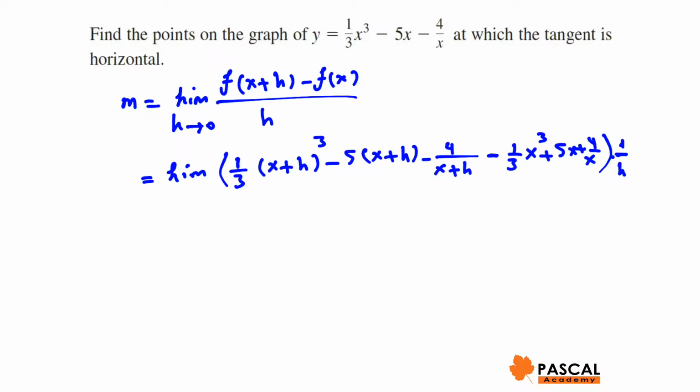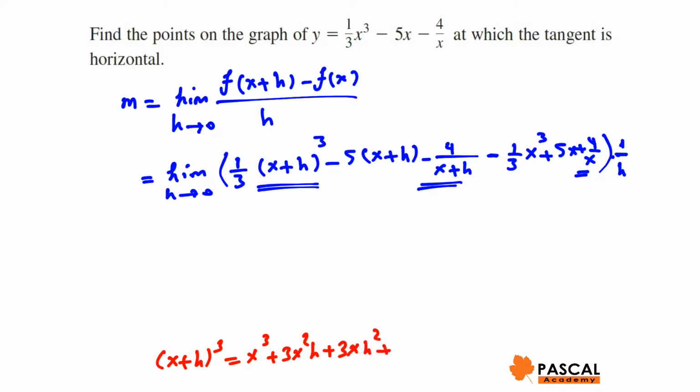We need to do some algebraic manipulation. You have to take the common denominator and also expand (x+h)^3, which is x^3 plus 3x^2h plus 3xh^2 plus h^3, and simplify this.